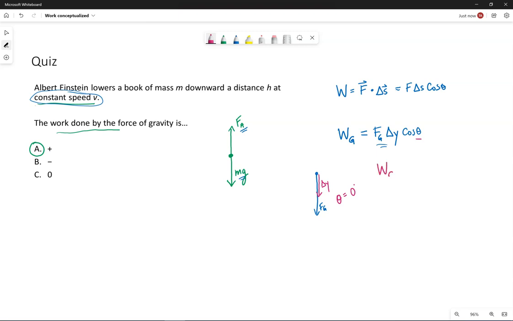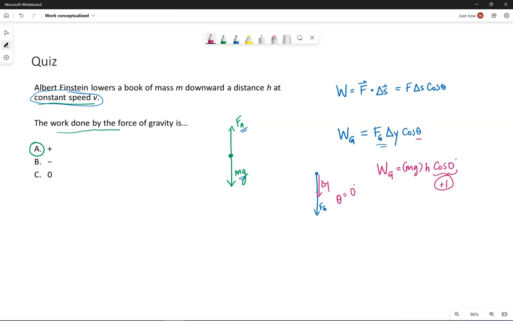So the work done by gravity will be the force of gravity, mg, times delta y, the distance moved, so the h, times the cosine of theta. When we put in cosine of 0 degrees, this is positive 1.